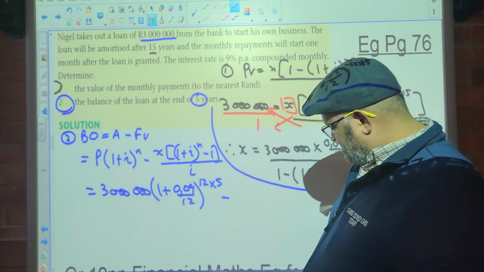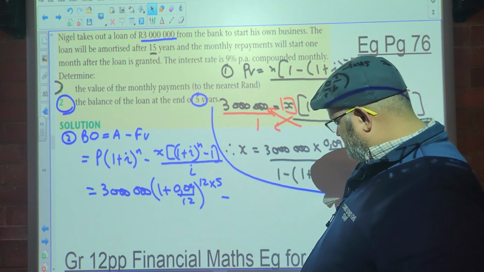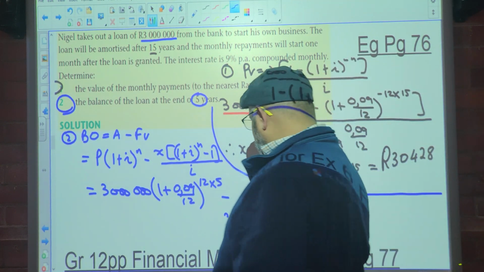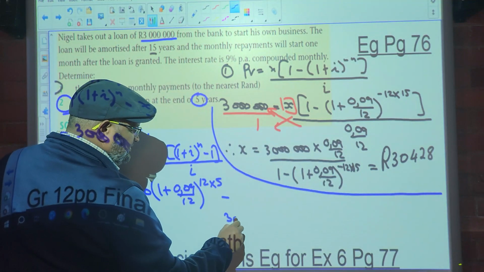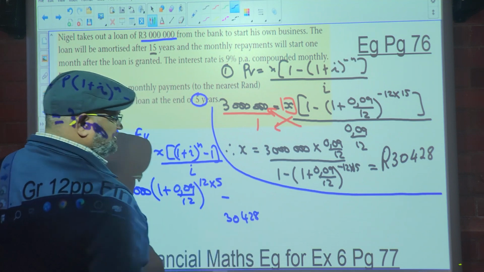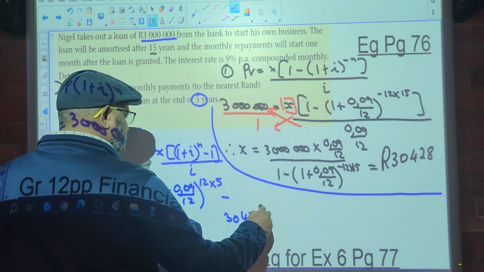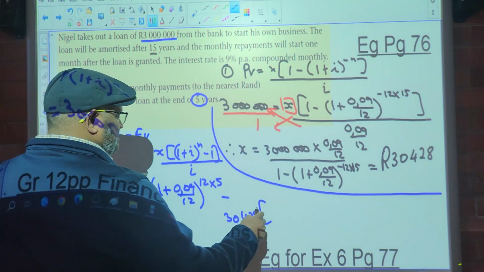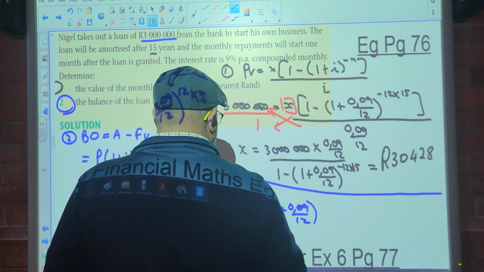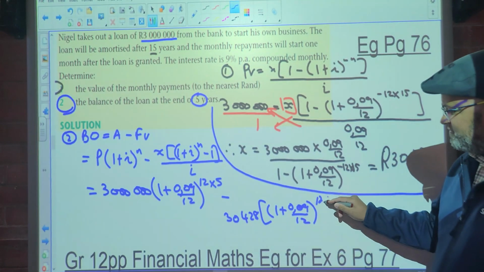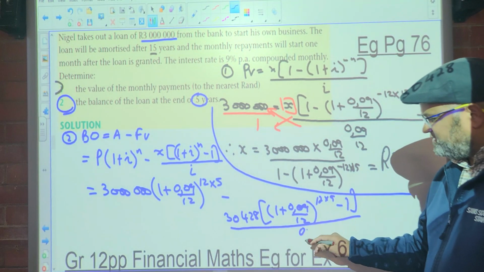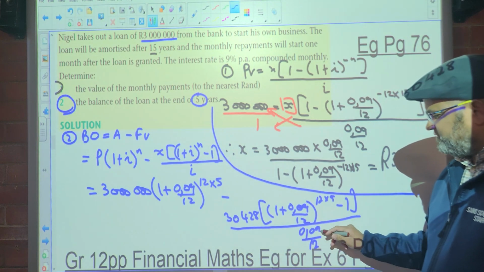Which is x into, so what's my x value here? 30,428 into (1 plus 0.09 over 12) to the exponent 12 times 5, minus 1, and this is all over 0.09 over 12.